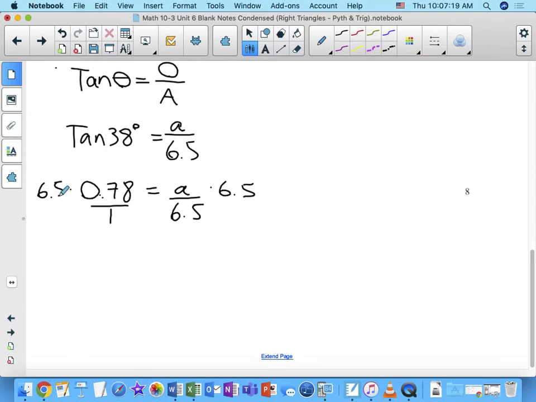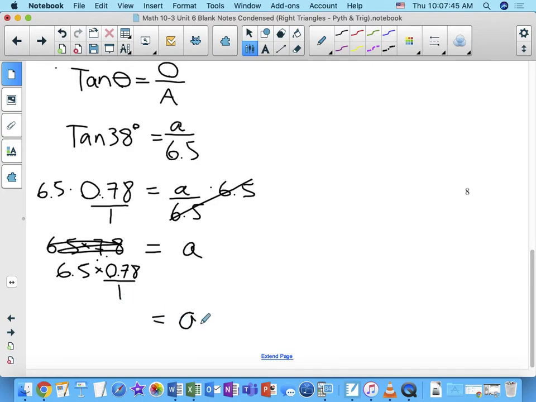Okay? Well, these are going to cancel. And we're going to end up with A equals 6.5 times 7.8. No, not 7.8, sorry. 6.5 times 0.78 divided by 1. 5.07, so I would probably round that to 5.1.